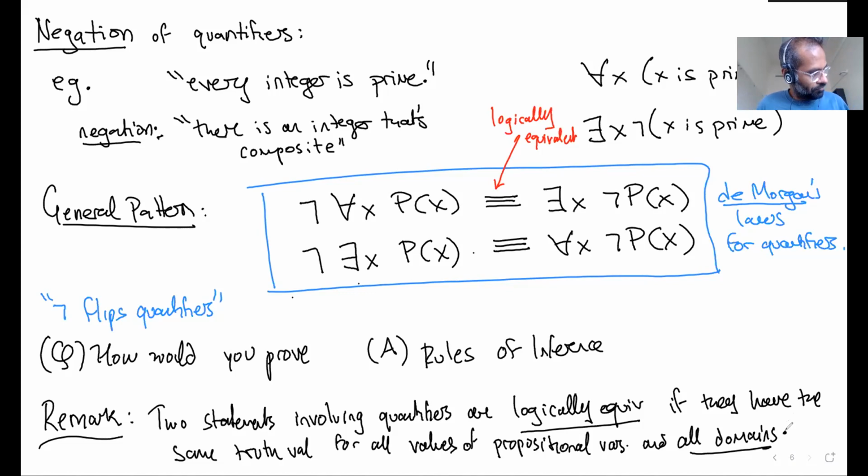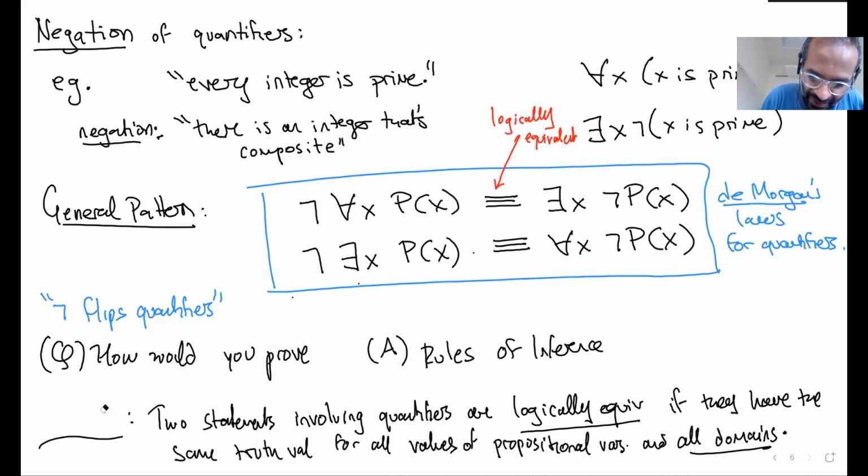So any questions about negation of quantifiers? Can we go over the last remark one more time, please? Yeah, so the last remark is actually, let me just make it a definition.